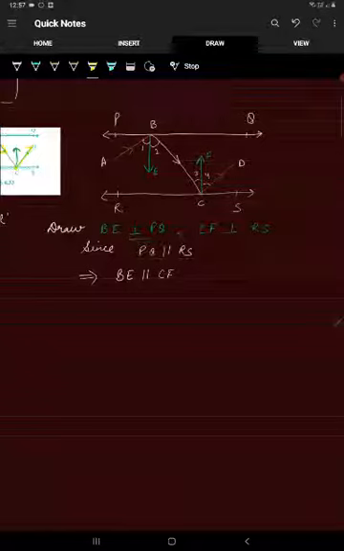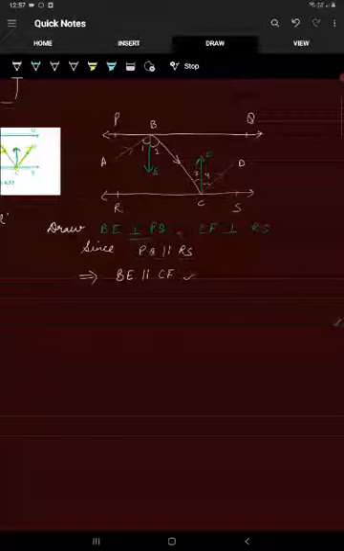Since we have drawn this construction and we know that PQ is parallel to RS, this implies BE is parallel to CF, because both BE and CF are perpendicular to PQ and RS.